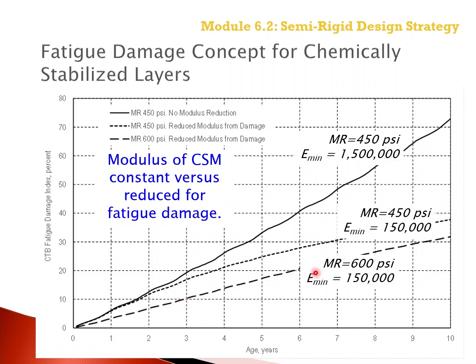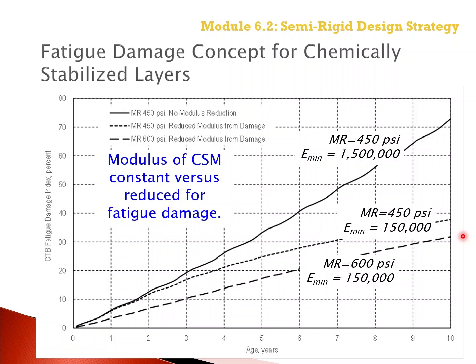So the increase in fatigue damage continues, but at a substantially decreasing rate. For the no reduction in the elastic modulus, the fatigue damage accumulates at a faster rate than for the condition when we have a reduction in modulus to account for the cracking of that stabilized layer.